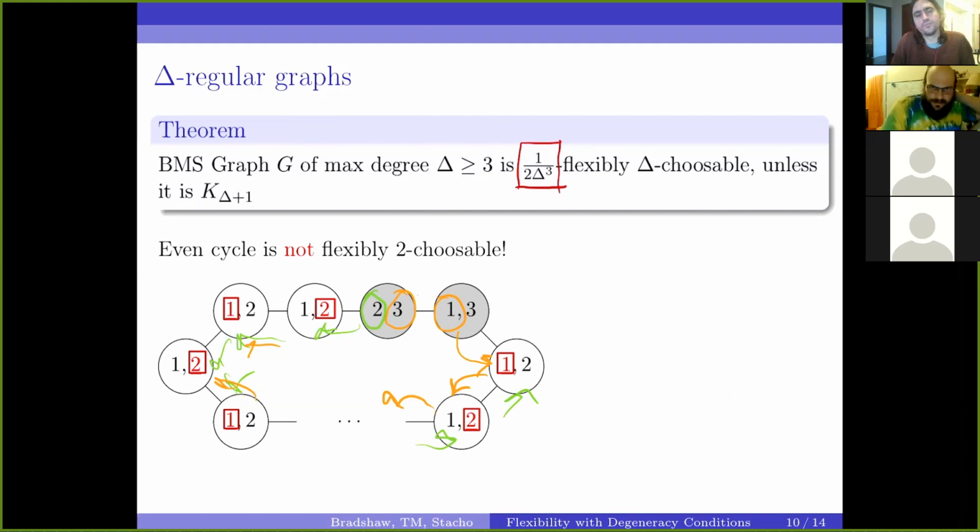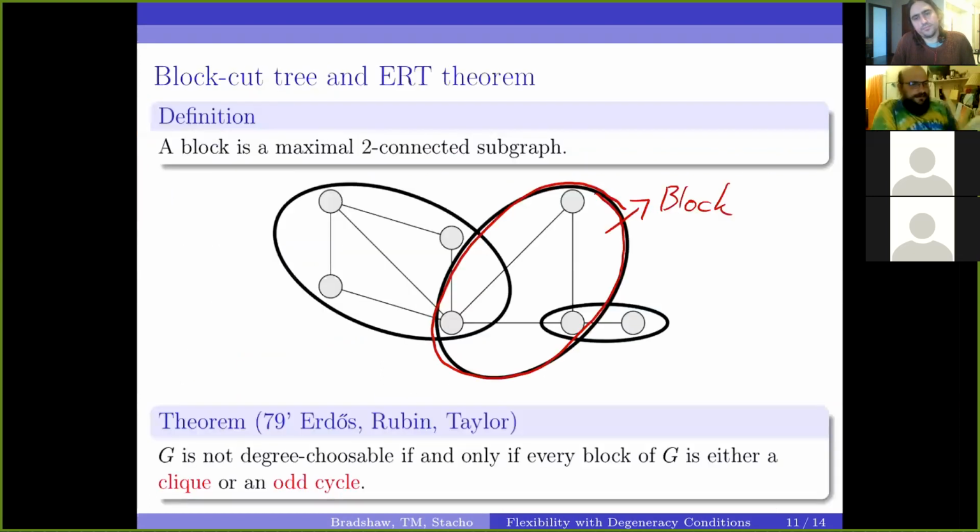So this doesn't work on even cycles, but surprisingly, it works for delta at least 3 if the graph is not a complete graph on delta plus 1 vertices. So that's our statement. I should say that I will show it with a slightly worse constant, because it's nicer and easier to show.